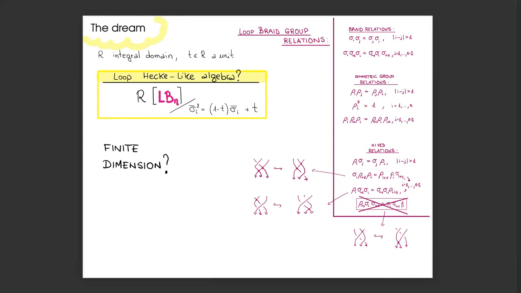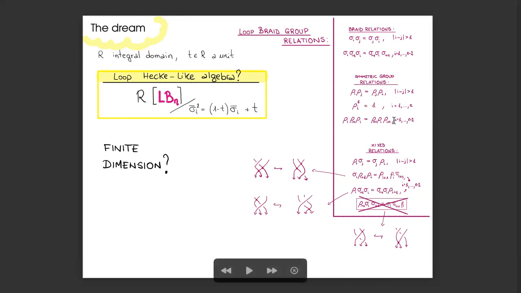Then for the rho generators, we have the symmetric group relations, where rho i and rho j commute when they are on indices that are far enough apart. Rho i squared is 1. We have this kind of involution, and if you think of it as the movement of the circles, as when you saw the definition in terms of configuration spaces, it means that if we exchange the circles once and then exchange them back, we actually have the same configuration. We have come back somehow.